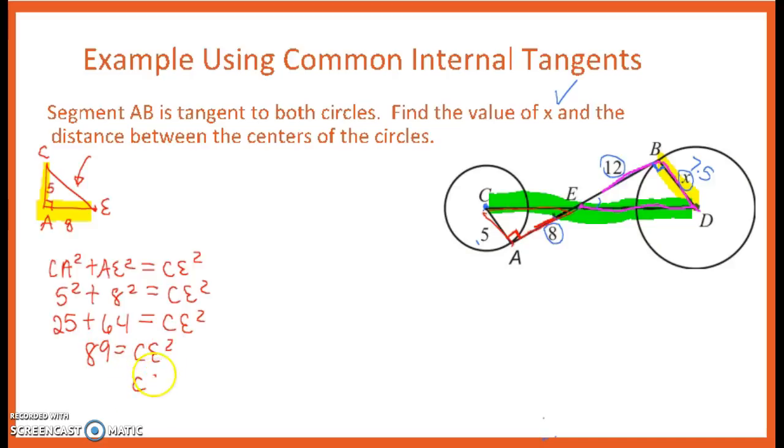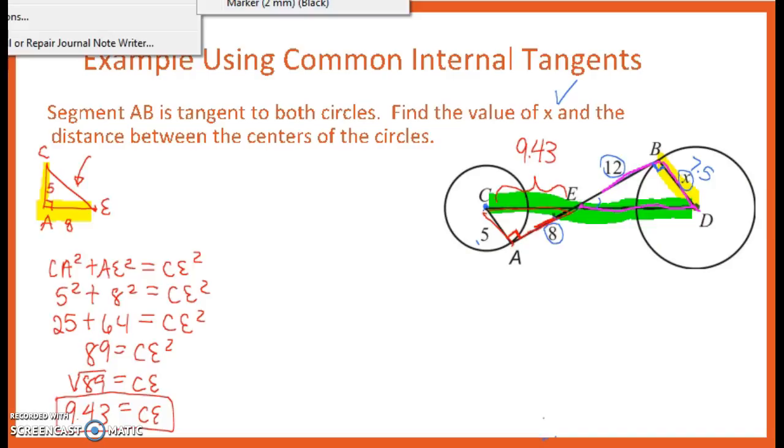And to figure out just CE, I take the square root of both sides. So the square root of 89 is about 9.43. So let's just save this length here. From here to here is 9.43. And now I want to use the second right triangle.